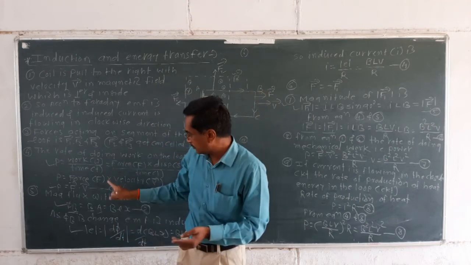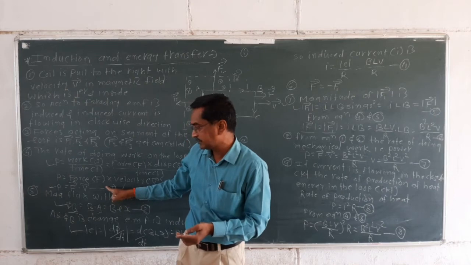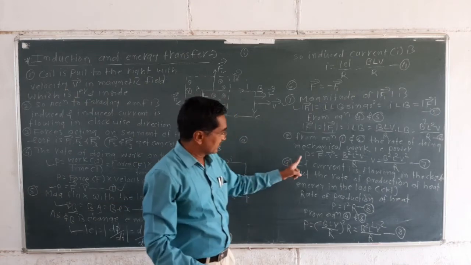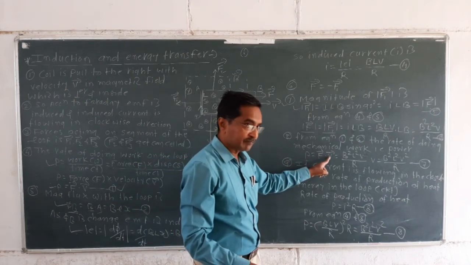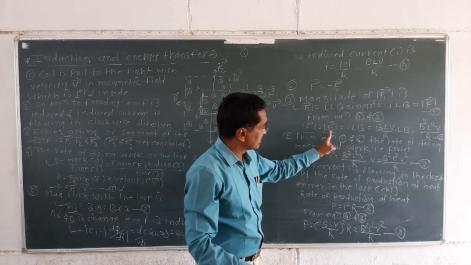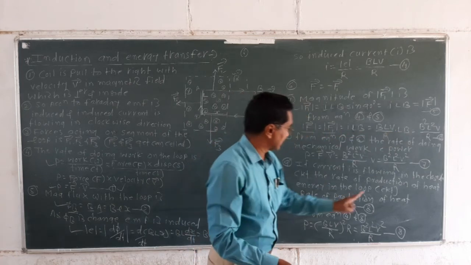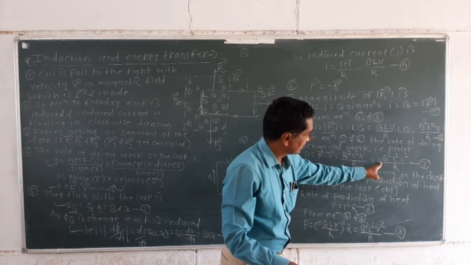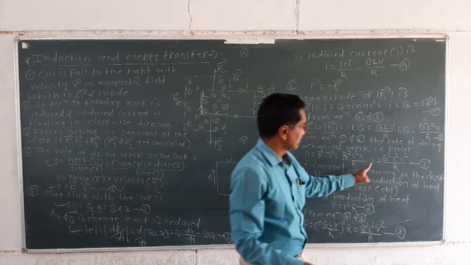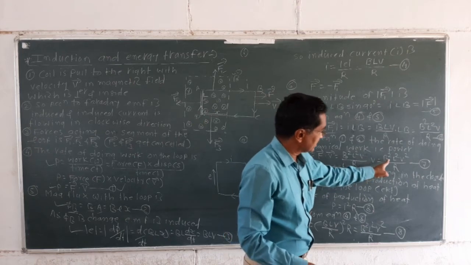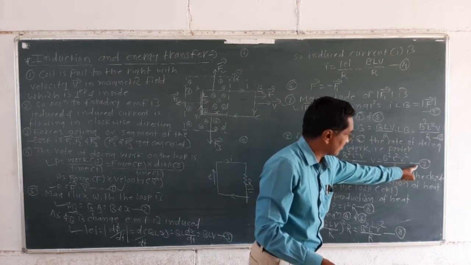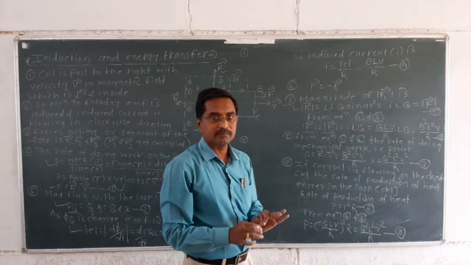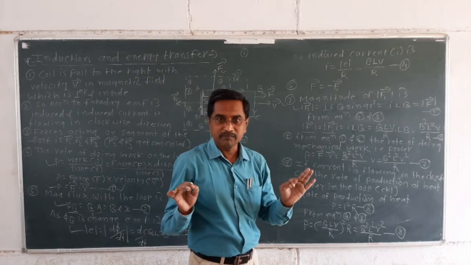This is the rate of doing mechanical work. So that is P is equal to F dot V. Here we calculated the value of F. Put that value of F here, dot V. So finally, V into V, that is V square, B square L square V square upon R, called as equation number 7. Got up to this point.